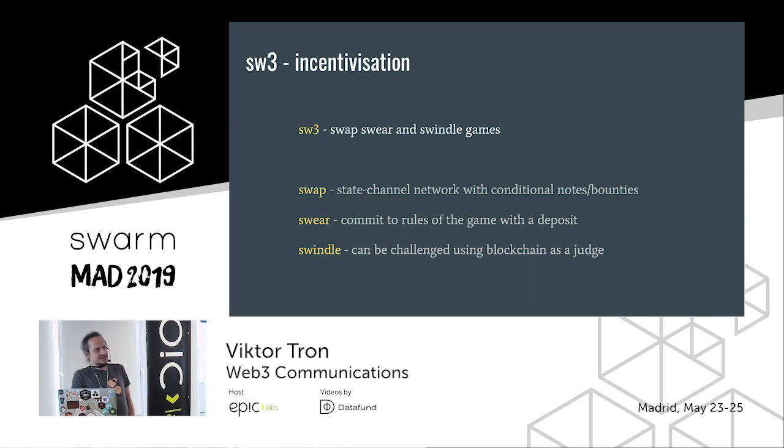So this is what I would call really the bare minimum, the core of Swarm. If you have this, then this is basically the necessary network layer that can implement these network protocols. Then this can already go a long way.